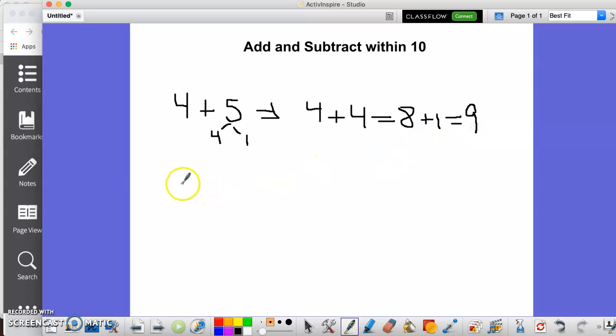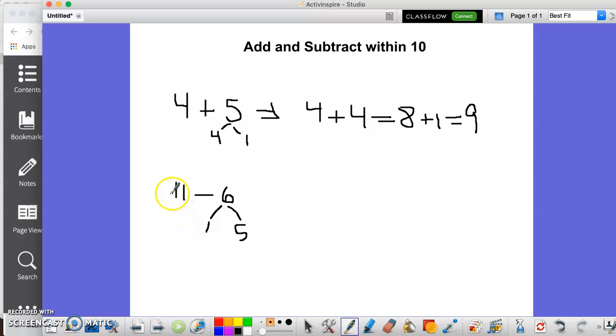Also remember we have other strategies. Say you were doing 11 minus 6. Well, I know I can subtract 10 pretty easily, so I want to get 11 to 10. I know that 1 and 5 is 6.